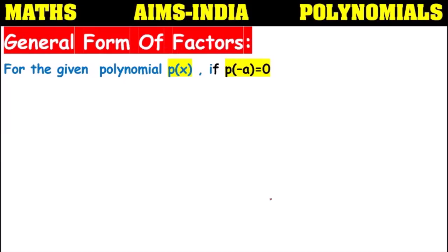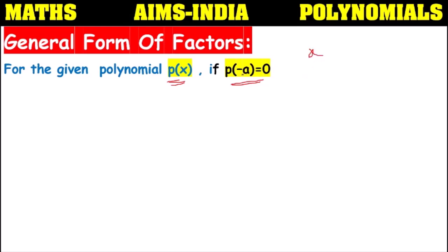Let's see some general examples. For a given polynomial p of x, if p of minus a equal to 0, if this remainder is equal to 0, then what is the factor? Let's take one variable x.